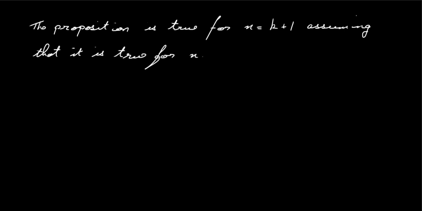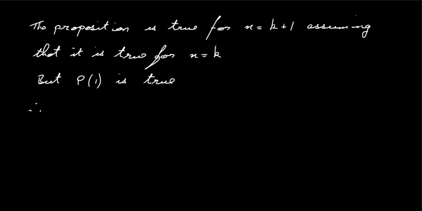So we can say then that the proposition is true for n is equal to k plus 1, assuming that it is true for n is equal to k. But P1 is true. We proved that in step 1.